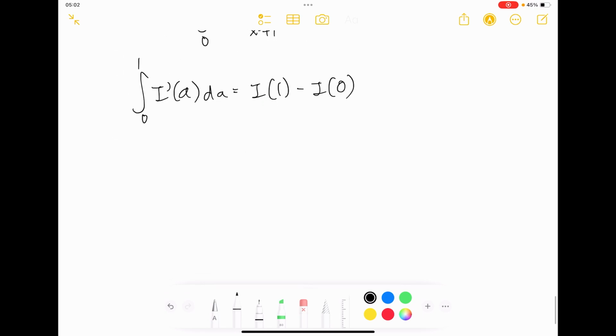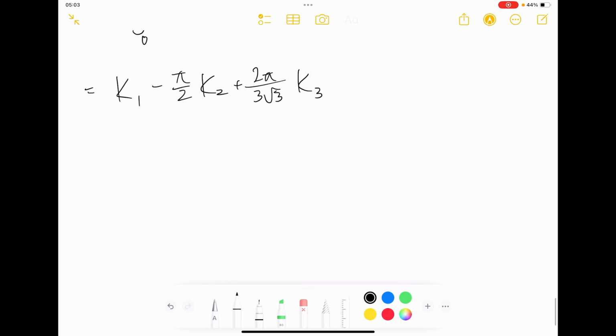So we also explicitly found I prime of a. I'm not going to write that down, but this integral, we found that it was equal to k1 minus pi over 2 k2 plus, well, let me write that properly, plus 2 pi over 3 root 3 k3. And there we go.